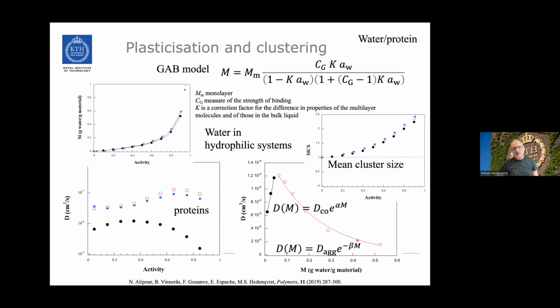So the diffusivity will go down. As you can see, if you plot it versus activity, concentration of water, you see the diffusivity goes up, and then it goes down. And it's because water does not travel by itself. It travels together with a friend or several friends, and that makes a bigger molecule. So it diffuses slower in that case.